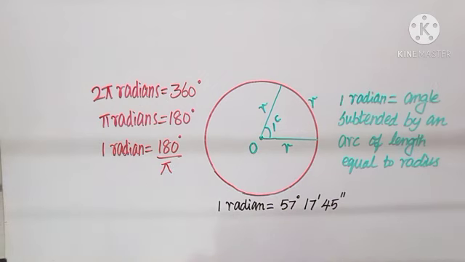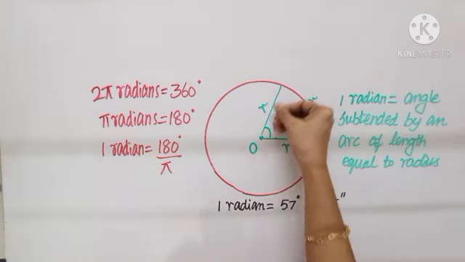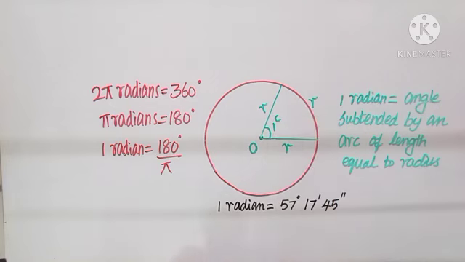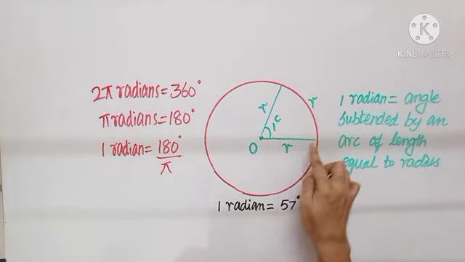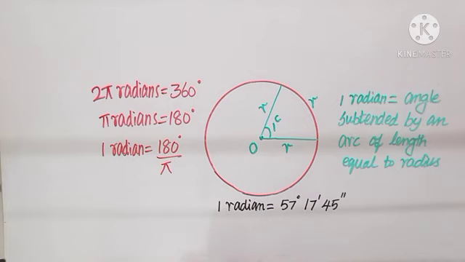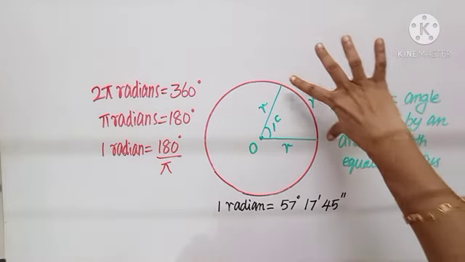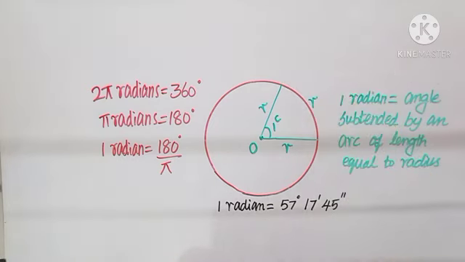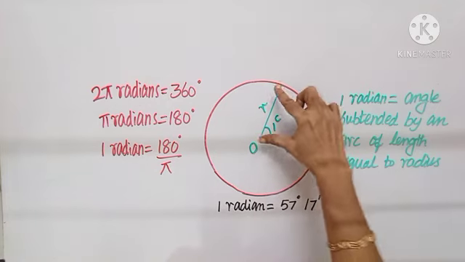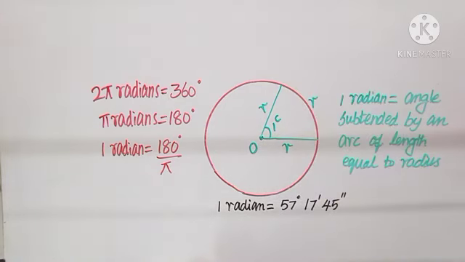What is 1 radian? Consider an arc of length equal to r, the radius of the circle. So this and this are equal.